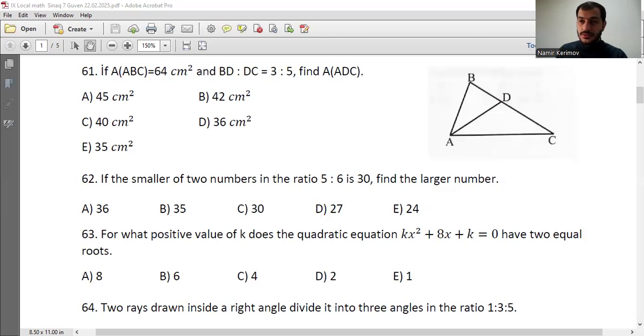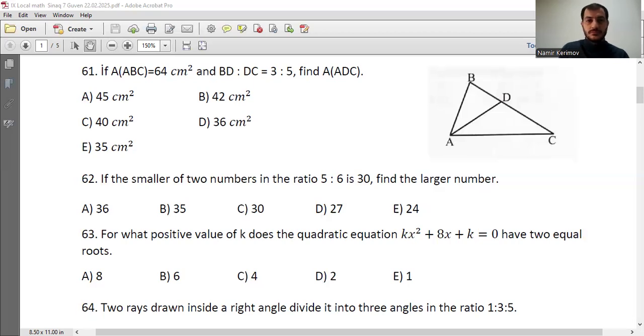So H times 5A divided by 2 is the area of triangle ADC. So we can see that the ratio of the two areas is the same as the ratio of sides. We can simplify that H, 2, and A. That will be 3 to 5, as I said.